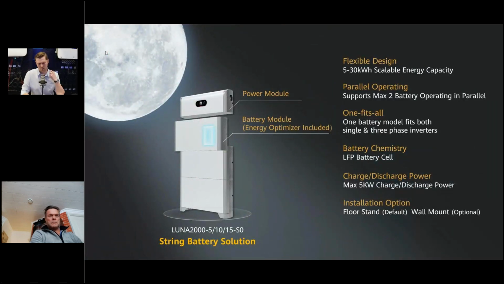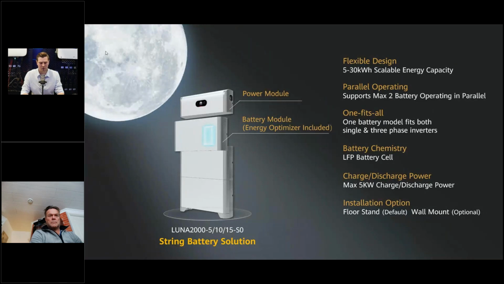If it comes to the Luna, the product your market is right now very interested in, this is a DC coupled solution. The DC coupled solution has some advantages and some disadvantages, as everything.